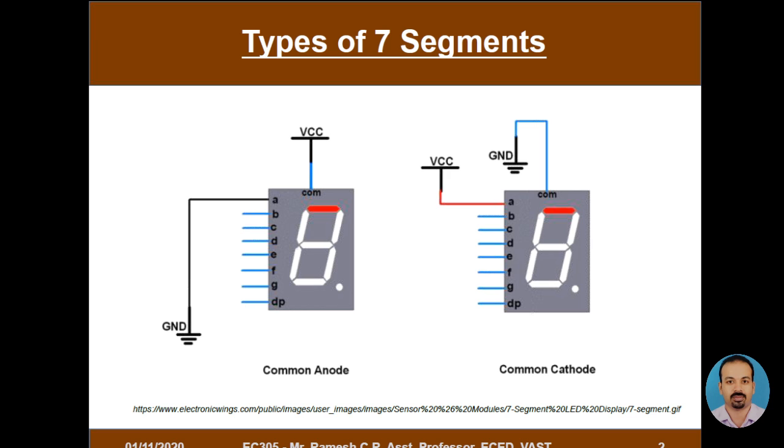The first one is the common anode type, in which we have 7 segments, that is segment A, B, C, D, E, F and G, followed by the display point. This is used to implement a digit.